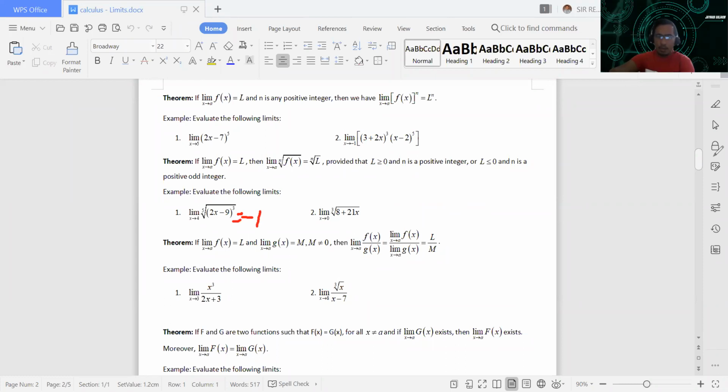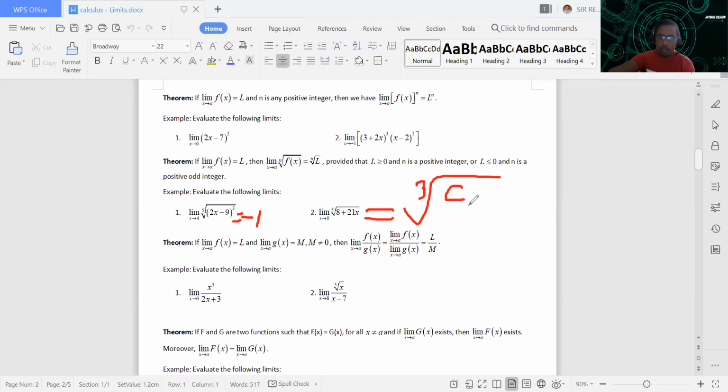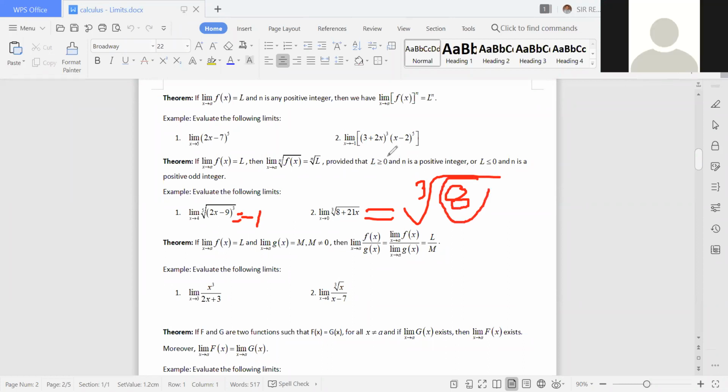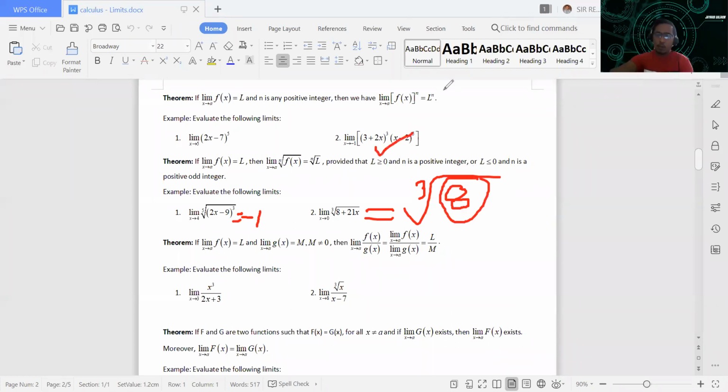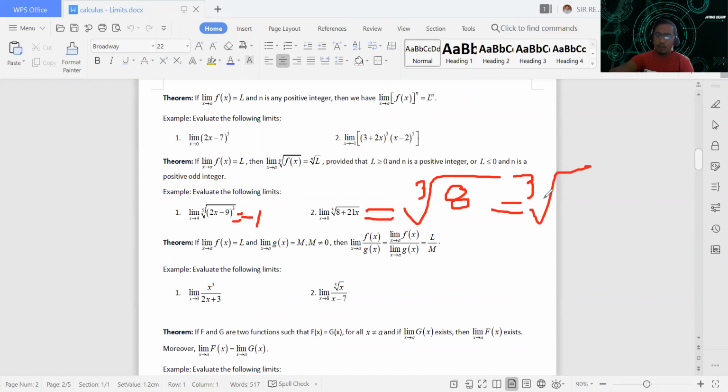And the same thing in number 2. In number 2, you just have the cube root of, if you use 0 here, it is just 8, right? And in this case, your L is greater than 0, so no problem. We can now use 2 cubed. So the cube root of 2 cubed.